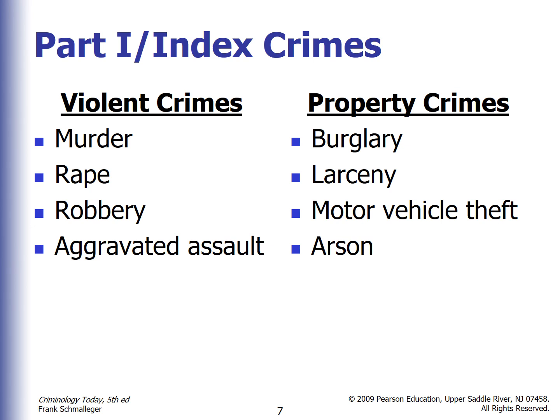And as you can see, these are our traditional violent crimes and property crimes, the most serious ones: murder, rape, robbery, aggravated assault, burglary, larceny, motor vehicle theft, and arson. And arson and motor vehicle theft were actually added later on, more recent. But these are the ones that you'll see, if you look at old UCR data, listed as Part 1 crimes.